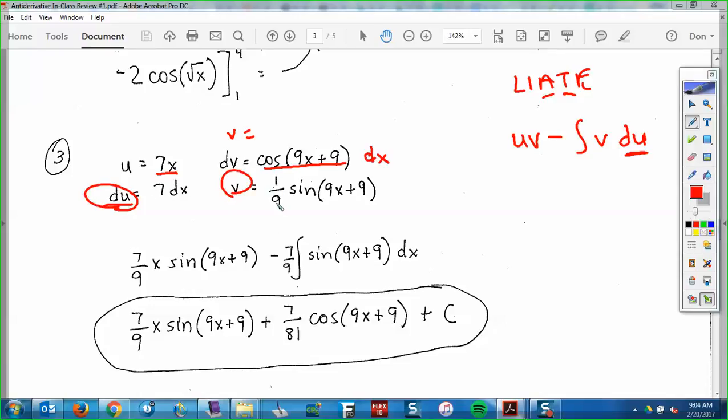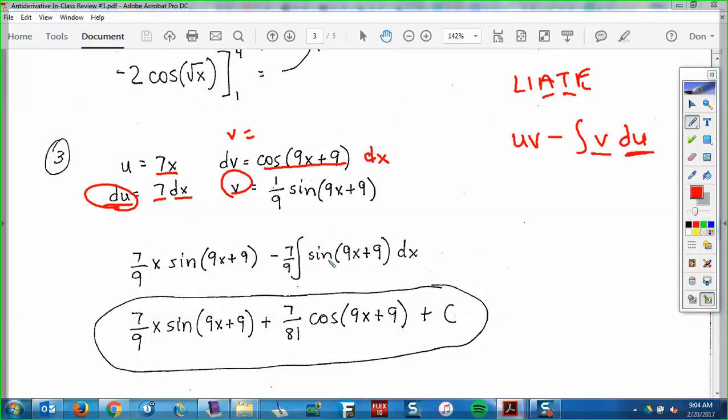Well, you've got this 1/9, and then you've got this 7 here. So you got 1/9 times 7. You do not move that 7 over there, because what we want is v times du, and du is equal to 7dx. So we got to take that 7 times that 1/9. So that's 7/9, and then I just pulled that out, and then sine of 9x plus 9.